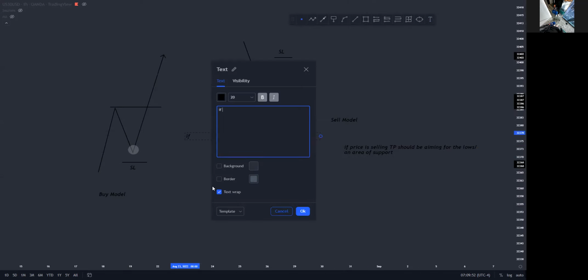And then if price is buying, TP should be aiming for the highs, for a level of resistance.